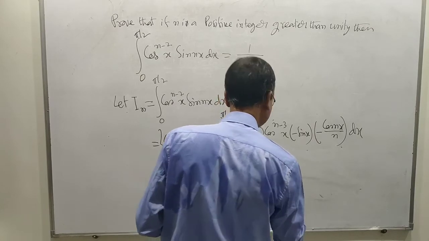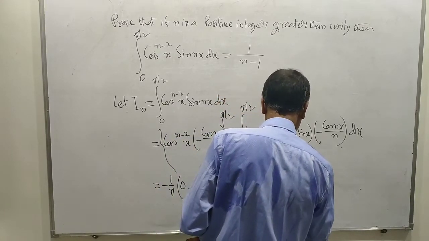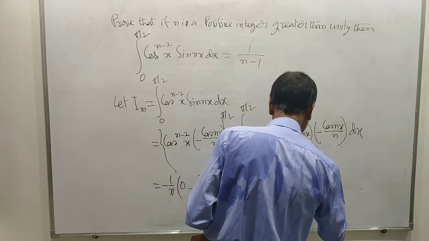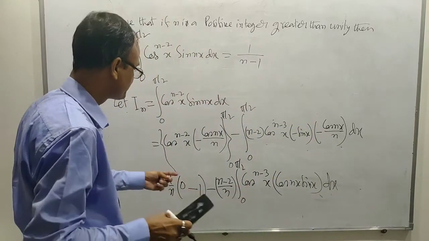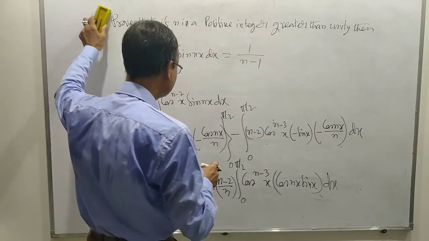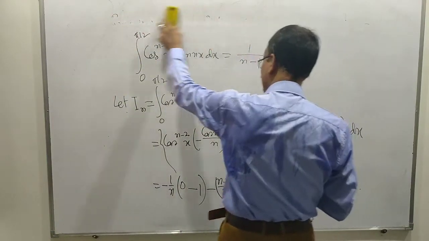cos to the power n minus 3x, cos nx into sin x. You may write in this way also. This is equal to I n.